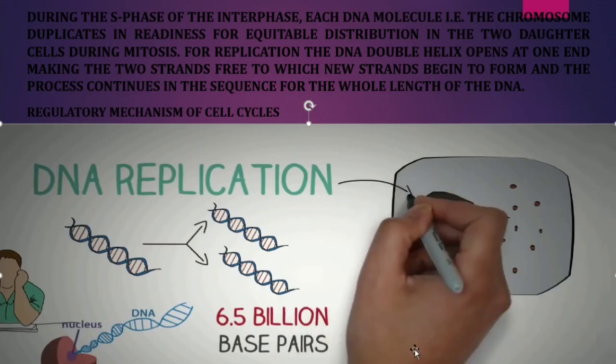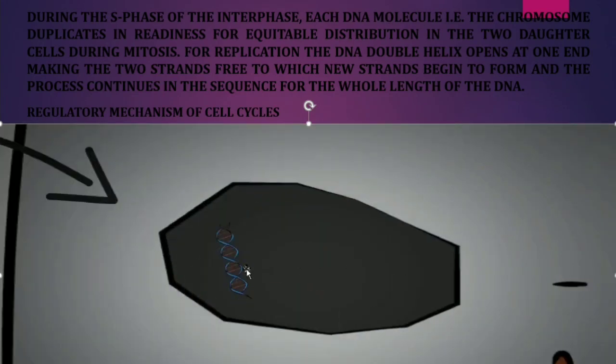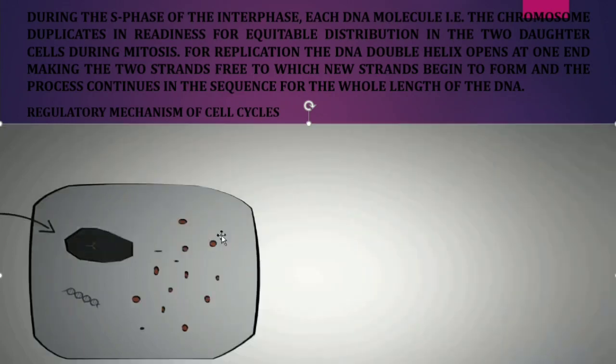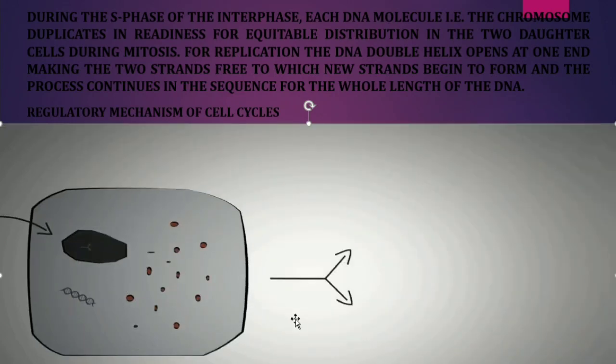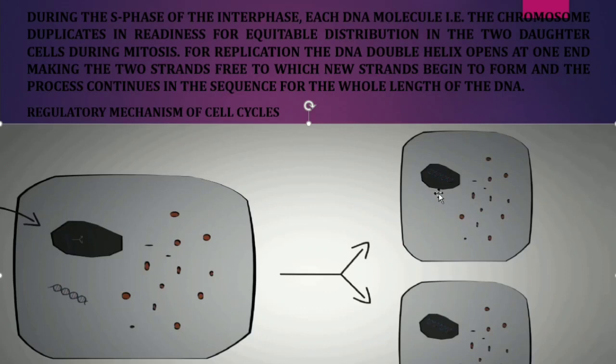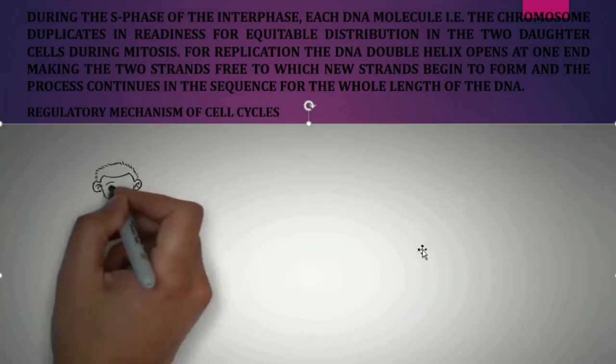This is the mother cell, that is the parental cell. Inside the nucleus the DNA is duplicating into two, and the duplicated DNA will enter the other nucleus. When the mother cell, the parental cell, starts to divide into two, each one will have one DNA strand.